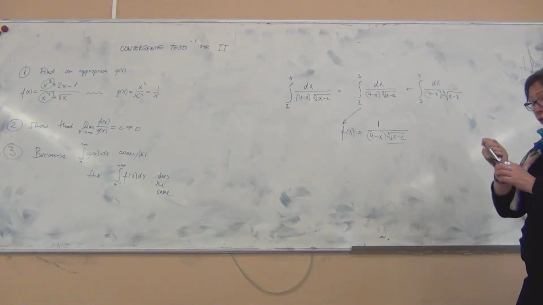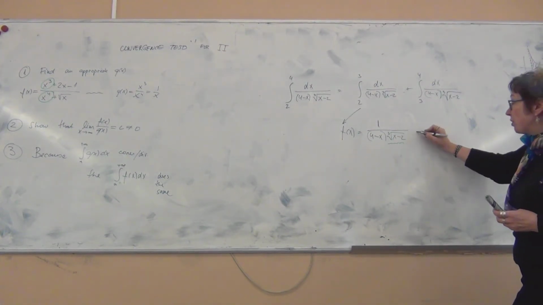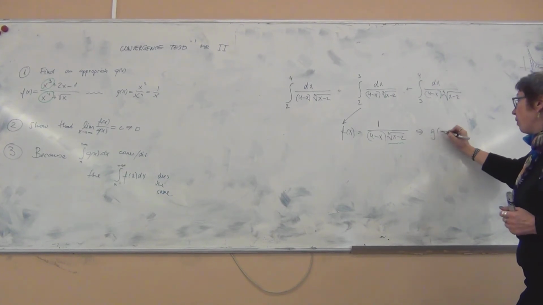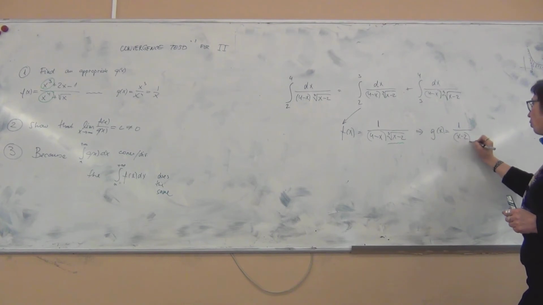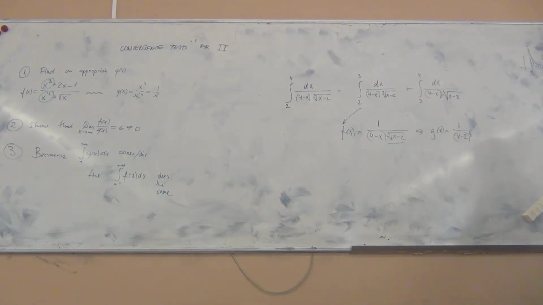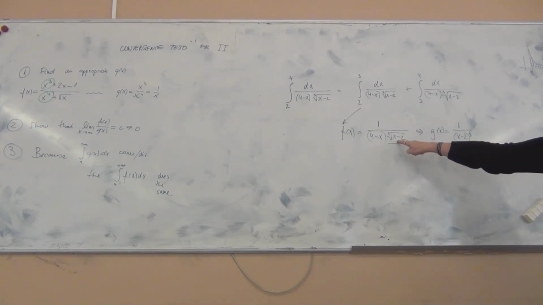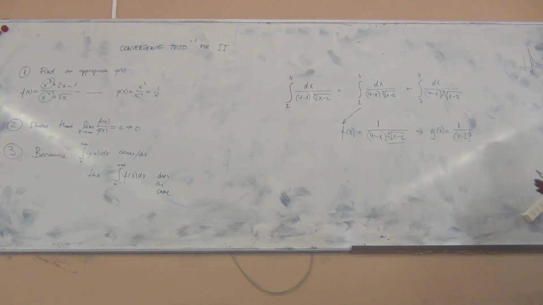So I will choose the g function to be 1 over x minus 2 to the power 1/3, which is the dangerous factor actually. We have to look at powers of dangerous factors, which are what matter actually.